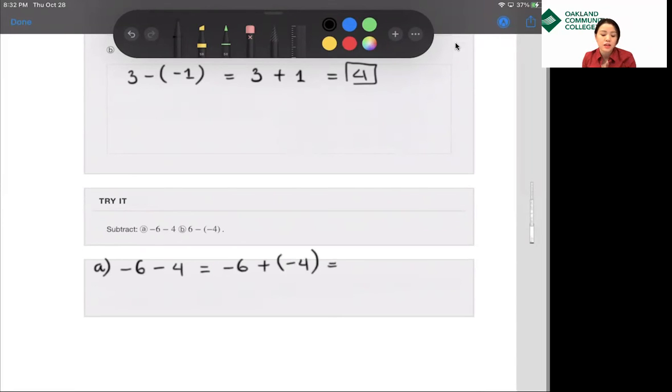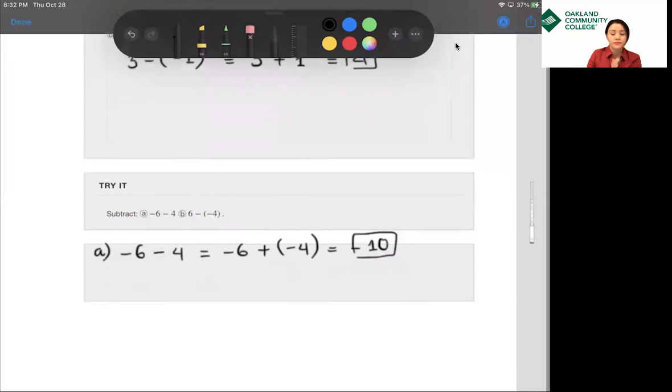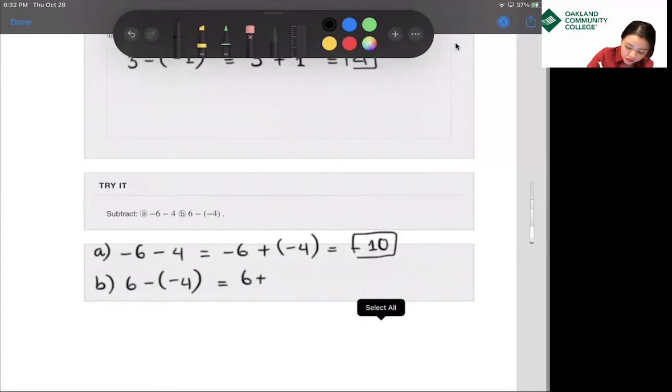This is the sum of 2 negative numbers, so the sum will be negative, which is negative 10. And then part B, I have 6 minus 4. Well, minus becomes plus, so 6 plus 4, which is positive 10.